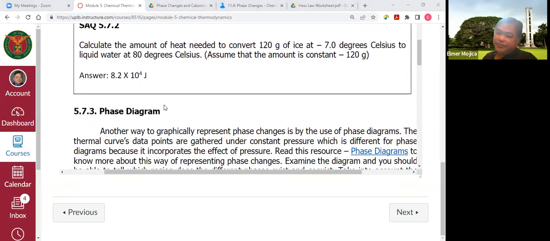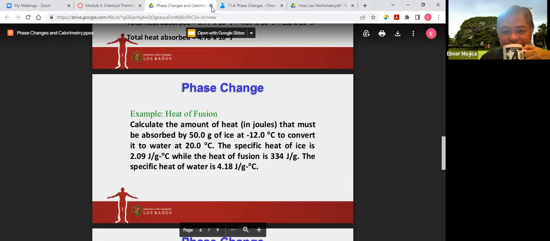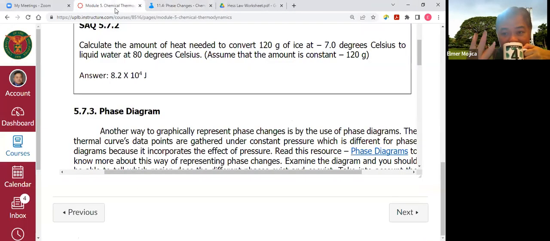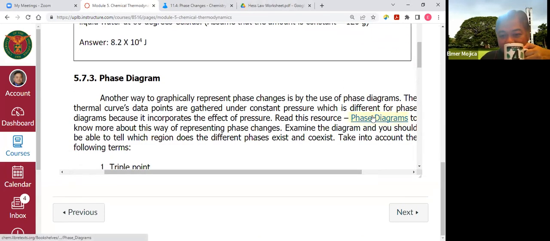Tanong? May tanong? Before we go to phase diagram. So I'm just using the module. Okay, baka sabihin nyo, saan kaya nakuha ni Sir yung mga materials? No, I'm just using the module.